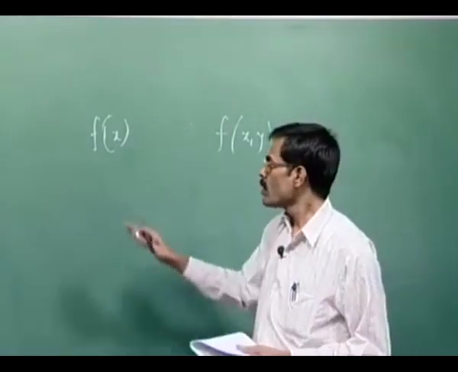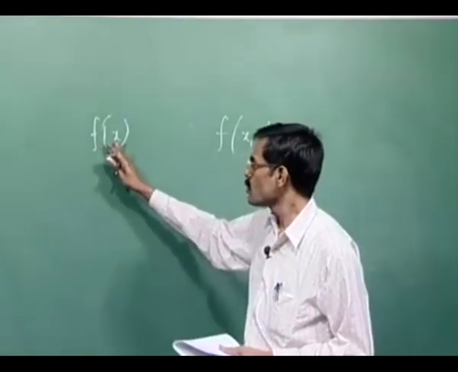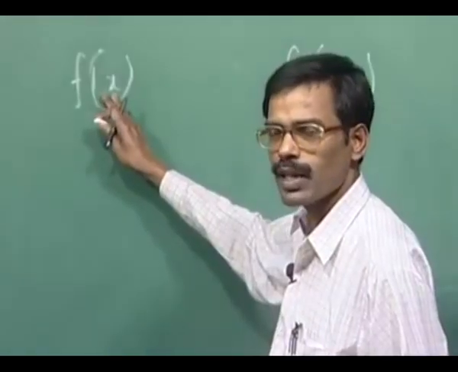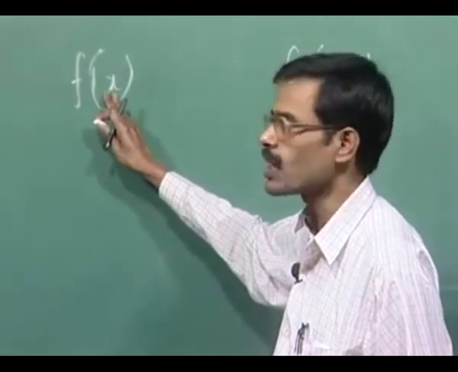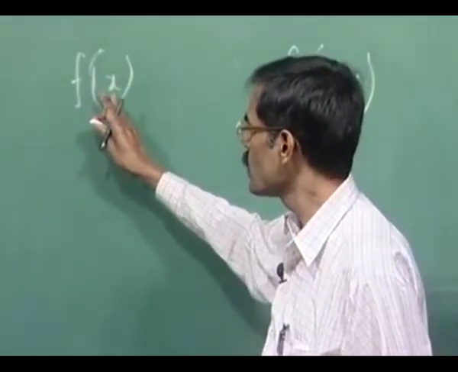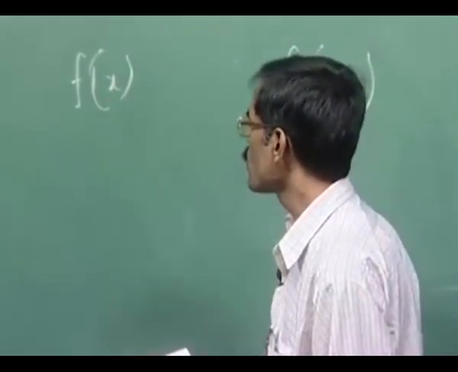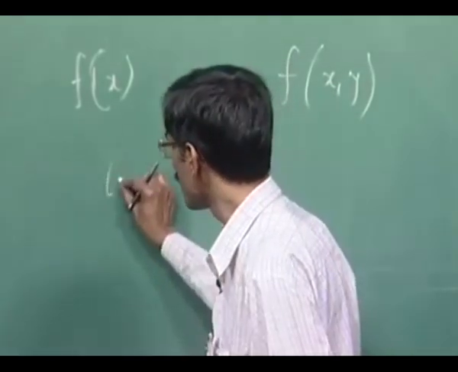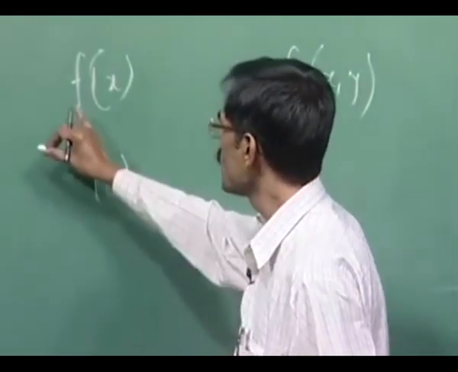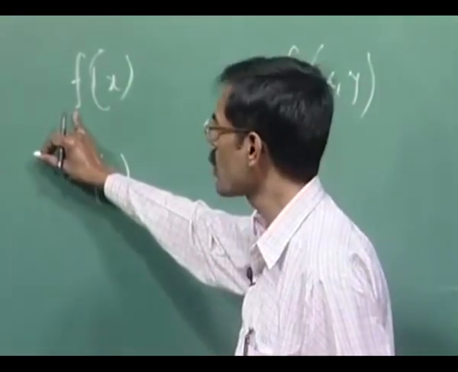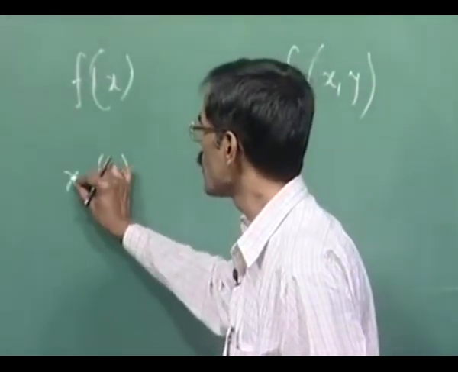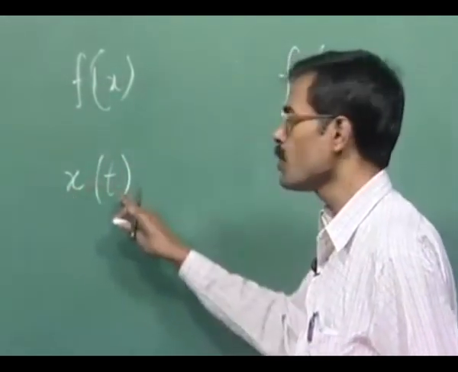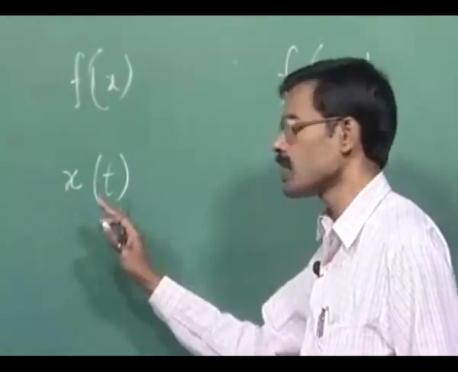Now, consider this independent variable; we will just change the names and see what kind of interpretations we can make. In place of this independent variable x, suppose we put t, and for this function in place of f we put x. X of t will be a function of parameter t.